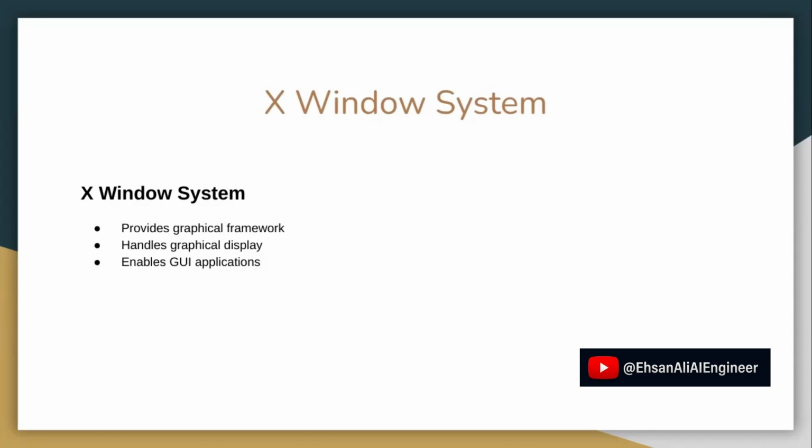Historically, most Linux distributions use X11 as the standard graphical system. Although newer technologies such as Wayland are becoming more common, understanding the X Window System remains important because many systems still use it today.